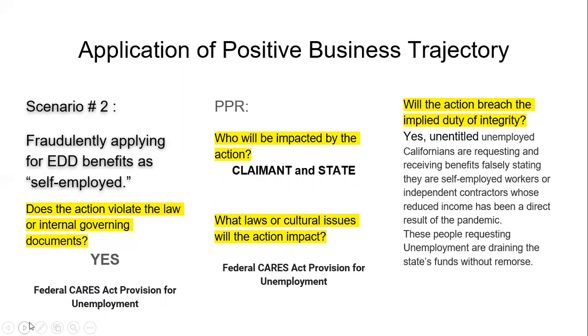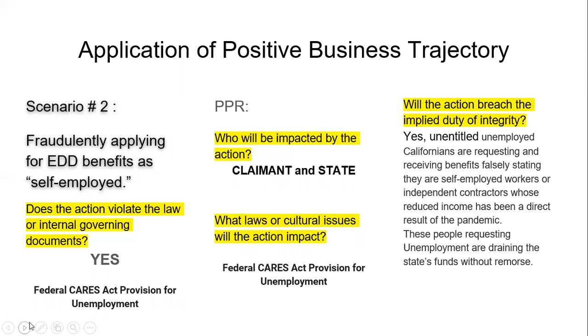Under fraudulently applying for EDD benefits as self-employed, there is also a violation of the law, and they're violating the laws under the Federal CARES Act provision for unemployment, and those impacted by this are the claimant and the state.